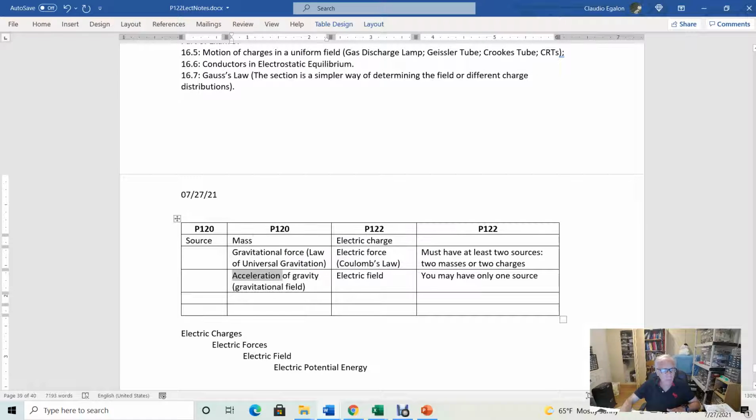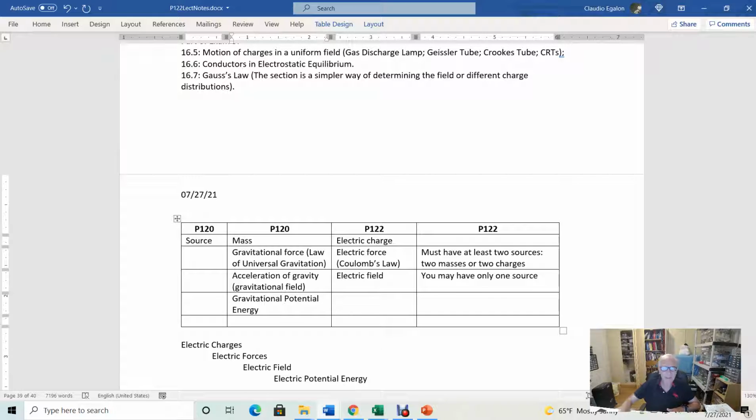The source of the acceleration of gravity is the Earth itself, the mass of the Earth. Then what did we study next? We studied the potential energy, which in reality is the gravitational potential energy. That's what it's all about.